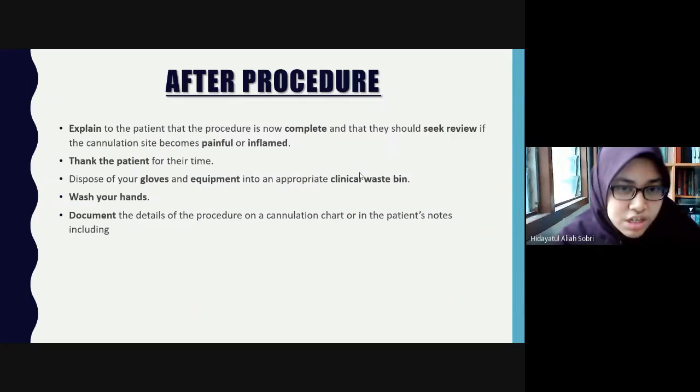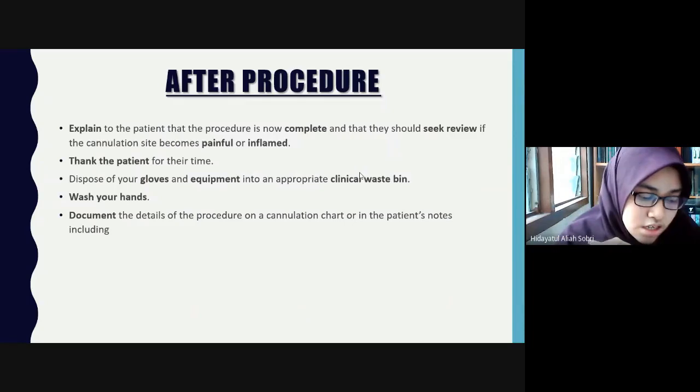Wash your hands and document the details of the procedure, such as the location of the IV cannulation, for example the dorsum of the left hand, the size of the IV cannula that we used, and the number of attempts that we made, and then the flow and the patency. Is there any complication? Is there any sign of phlebitis or infiltration?